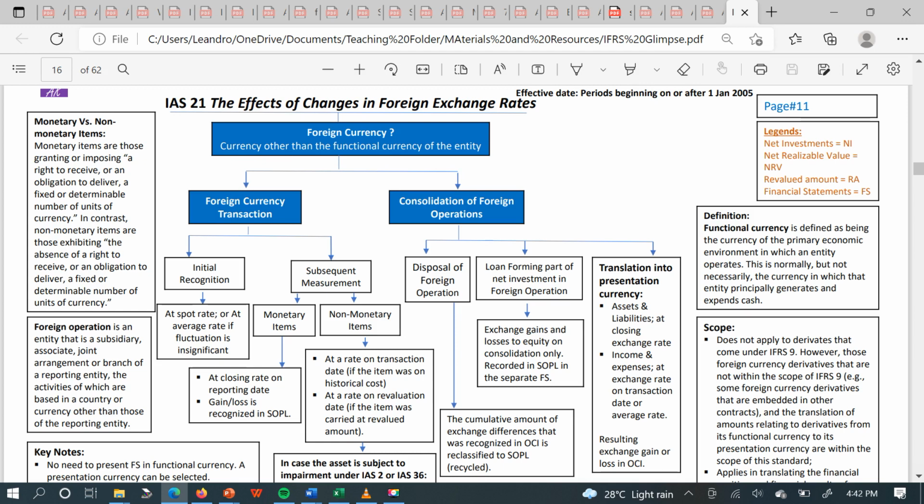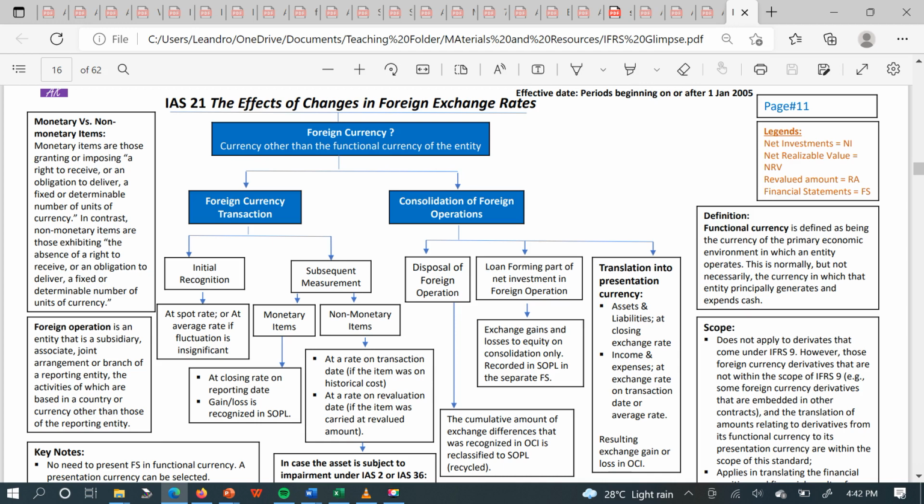So when you think about IAS 21, think about using it to account for foreign currency transaction, which is also described as the entity accounting of foreign transactions. So for example, if you are an entity and you trade with other entities outside Ghana, how do you account for the imports and the exports? Now, that's foreign currency transaction.